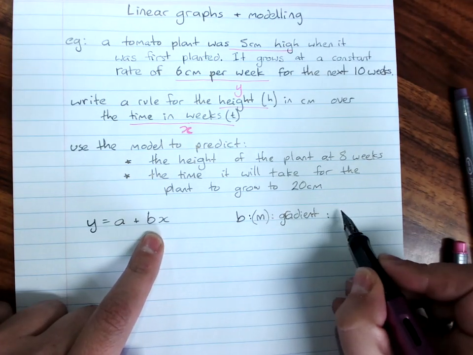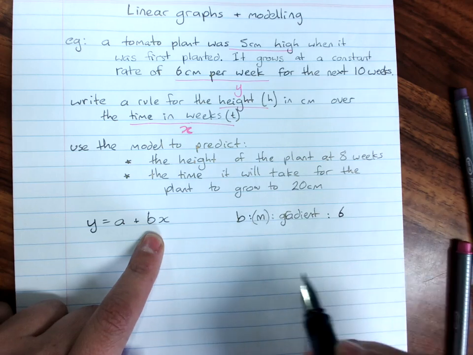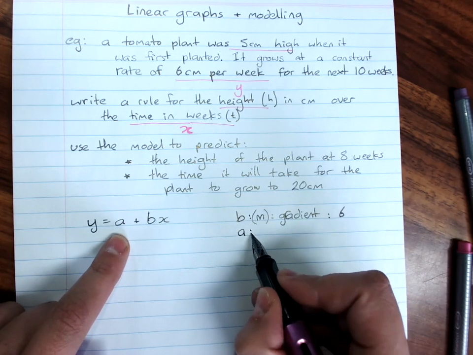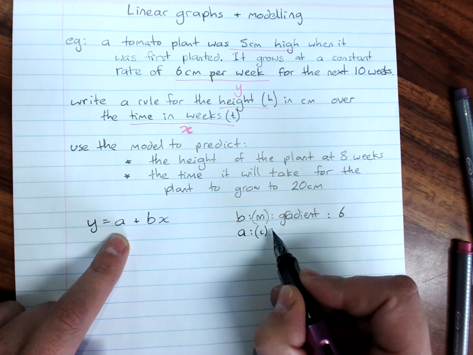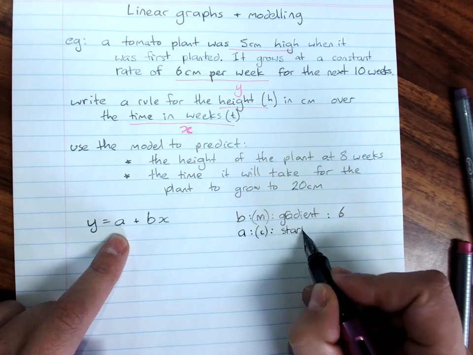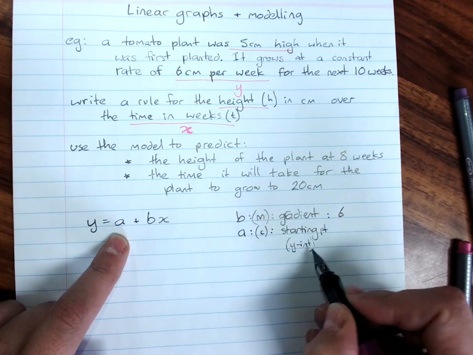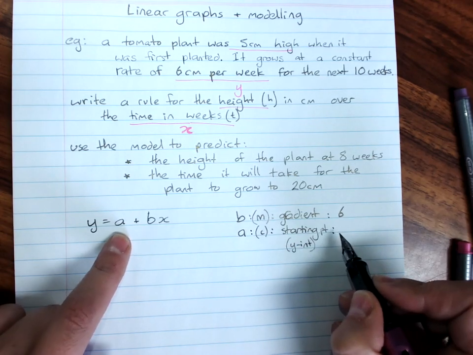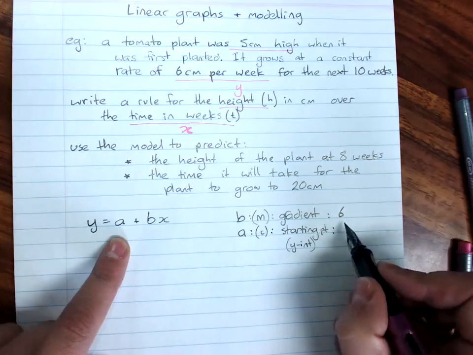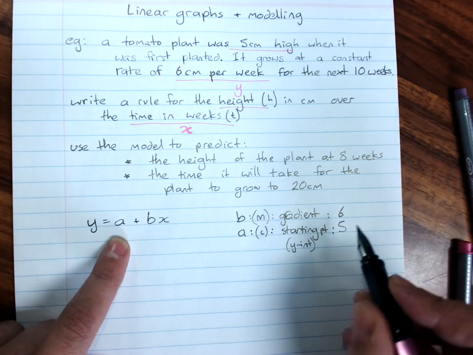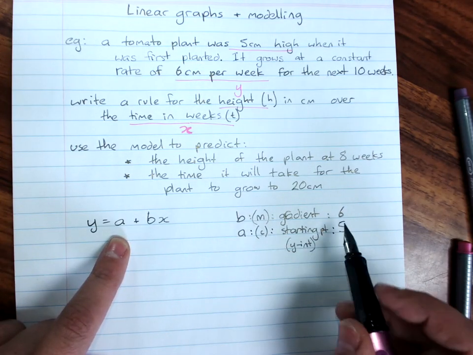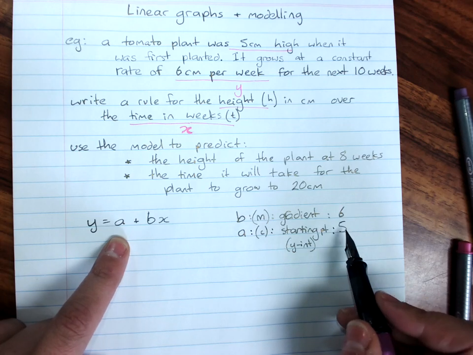So that's a positive 6. Our a, which used to be our c, is our starting point, or our y-intercept, and we start at 5 centimetres high. So early on, it's a good idea to just clarify that you know what you're doing here.